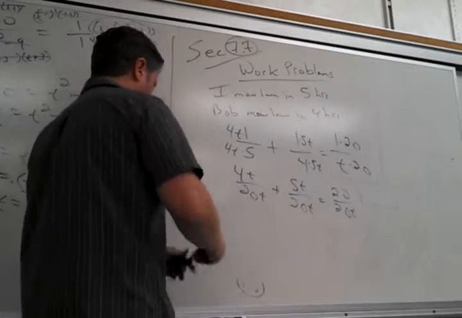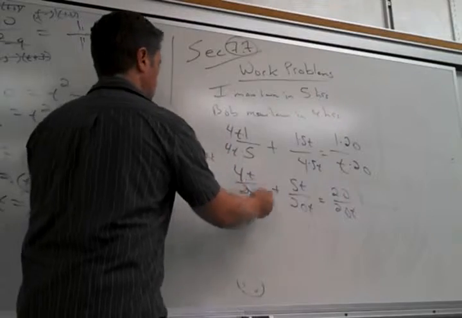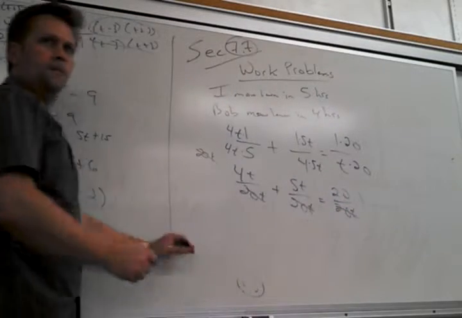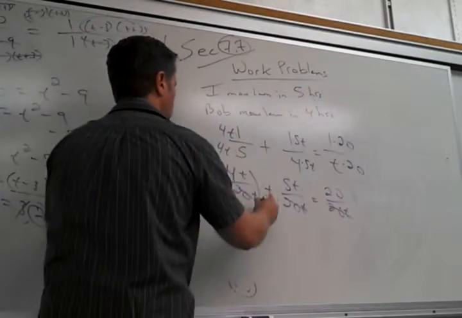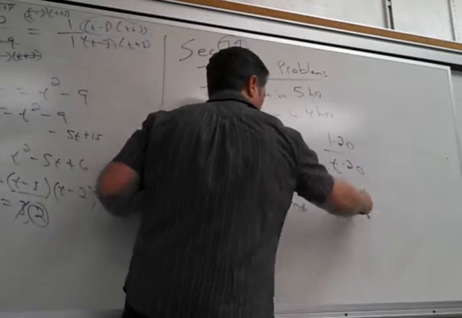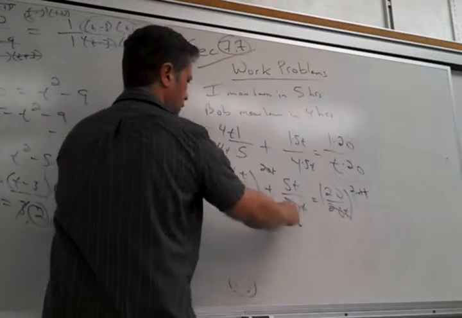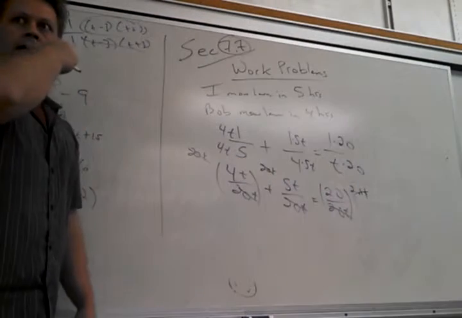And then what can I do with that 20t that's making all these fractions? Multiply everything by 20t. It's just me being lazy, right? But you multiply by 20t, this side and this side, so it distributes to both. So it cancels everywhere.